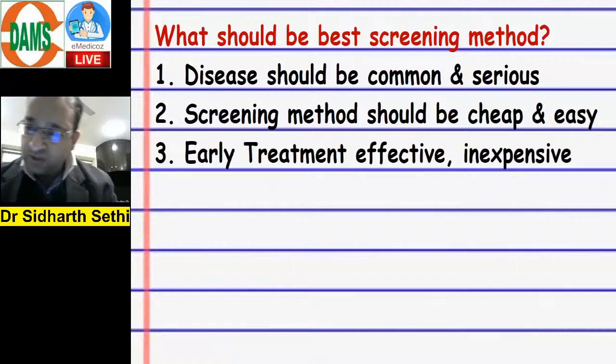For example, today I'll be talking about dried blood spot. Next is that early treatment is effective and inexpensive. For example, if we talk about hypothyroidism, early treatment with thyroxine is very simple, inexpensive, and very effective. Are you all able to see me?